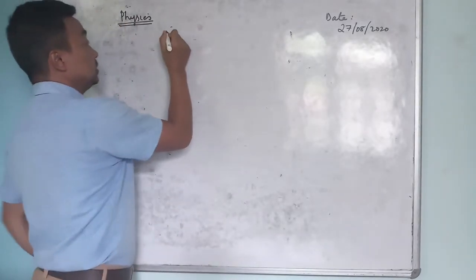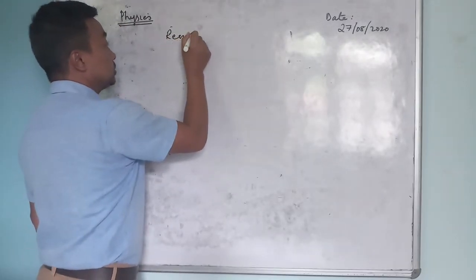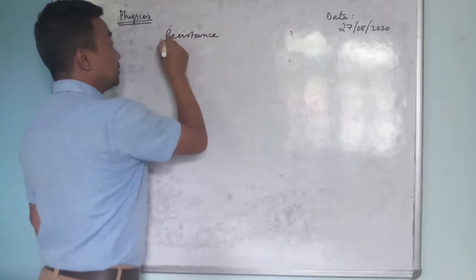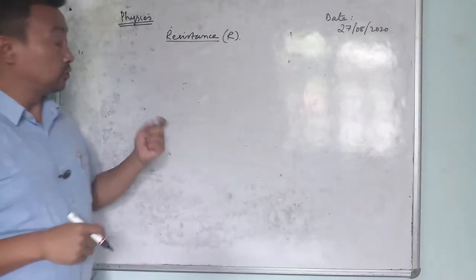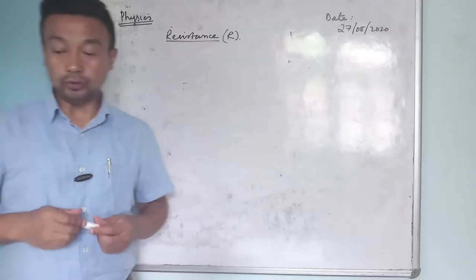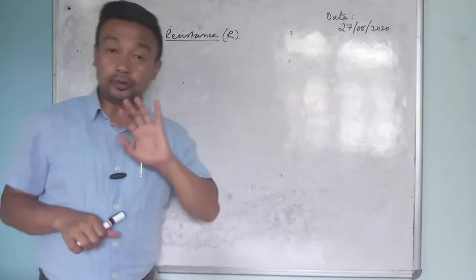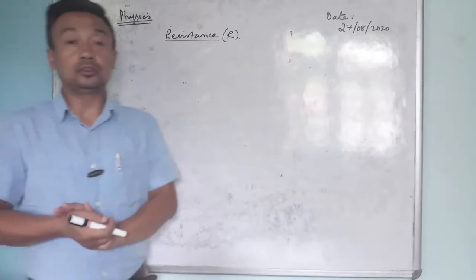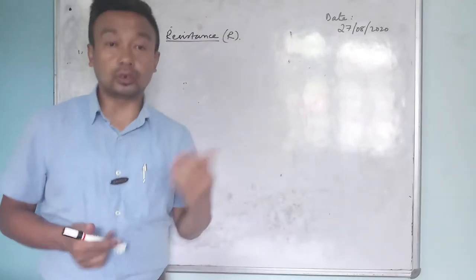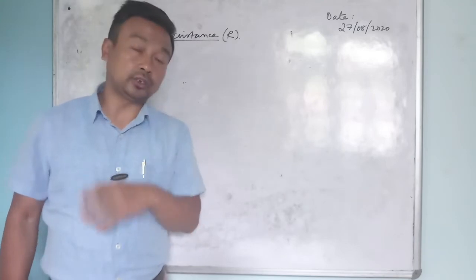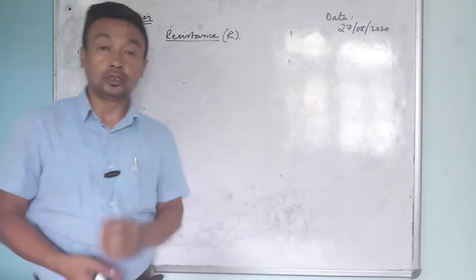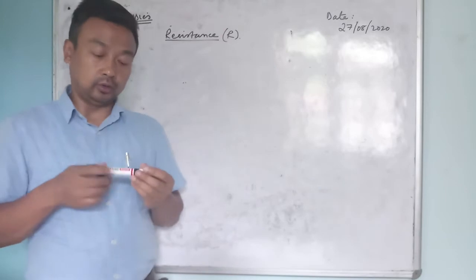The last term that we discuss is resistance. If you look at the word resist, all of you know resist means to decline or to kind of obstruct. So here what is being obstructed is the flow of the current in a wire.